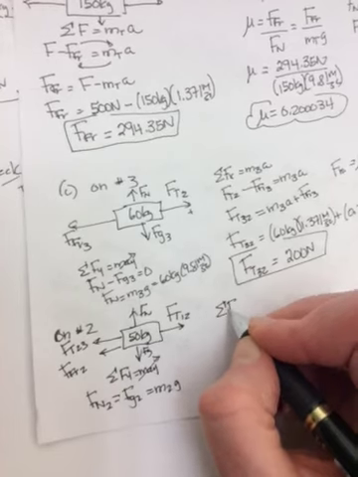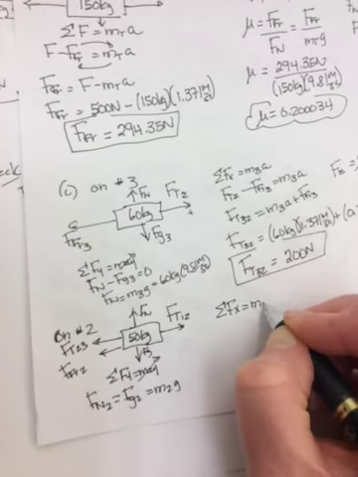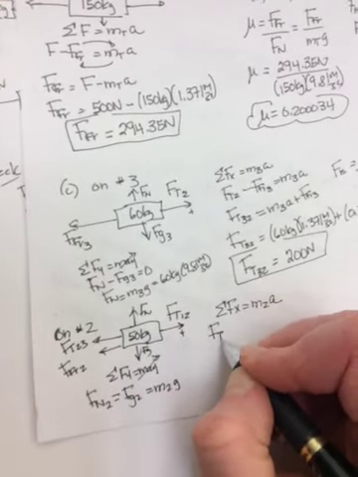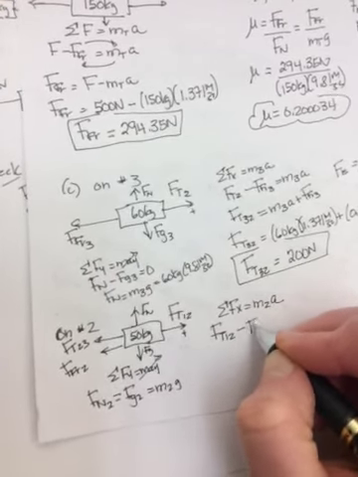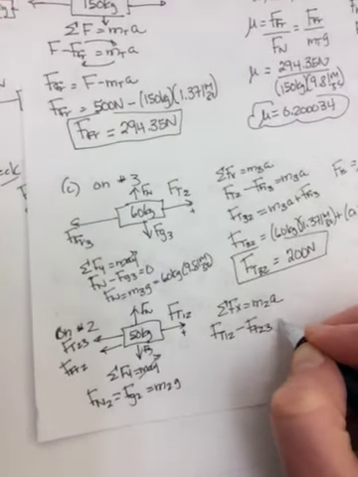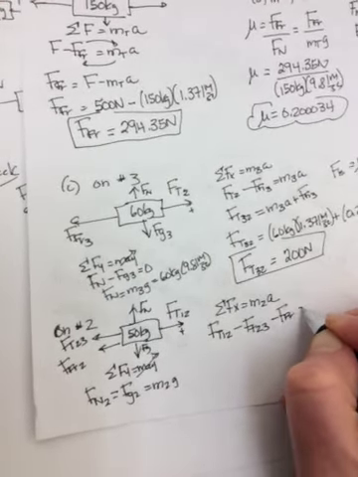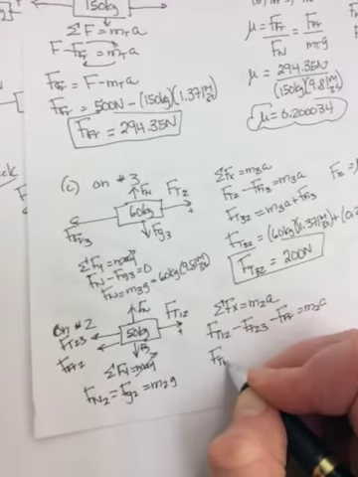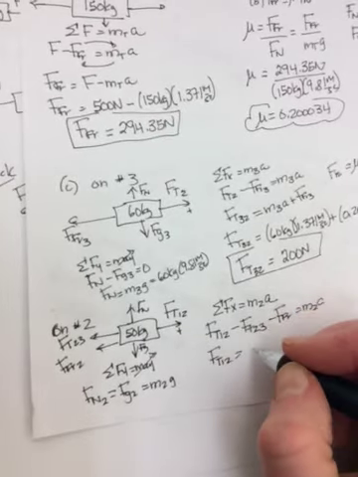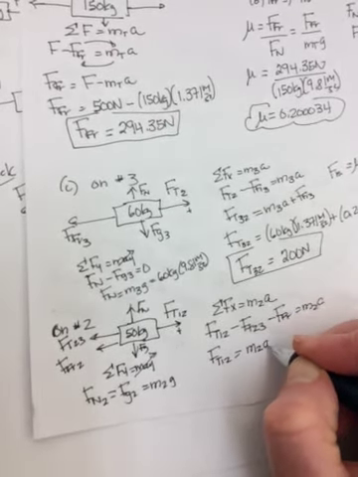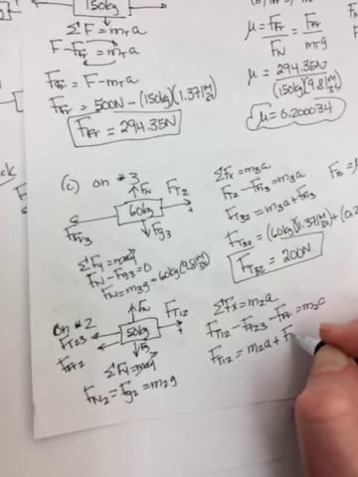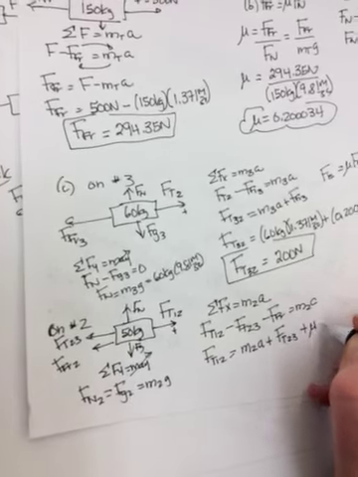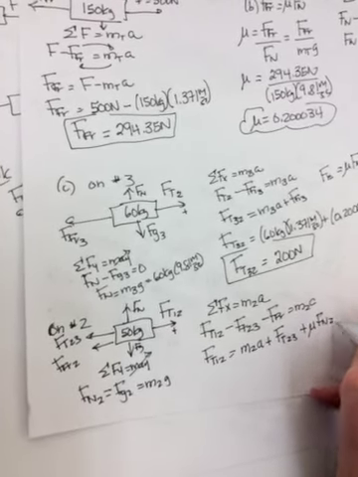And so now we do sum of the forces in the x direction is equal to M2A, so still forward is positive. So Ft12 minus the Ft23 that you just found, minus the friction on 2 will equal M2A. Take these second 2 forces over to the other side because we're looking for Ft12, so it'll be M2A plus the tension that we found above plus mu Fn on 2.